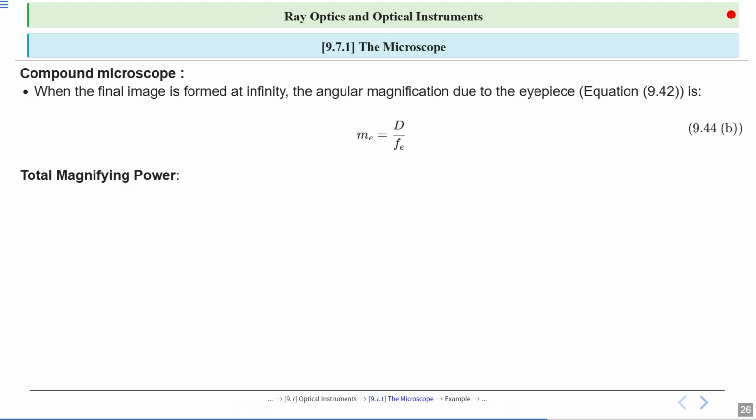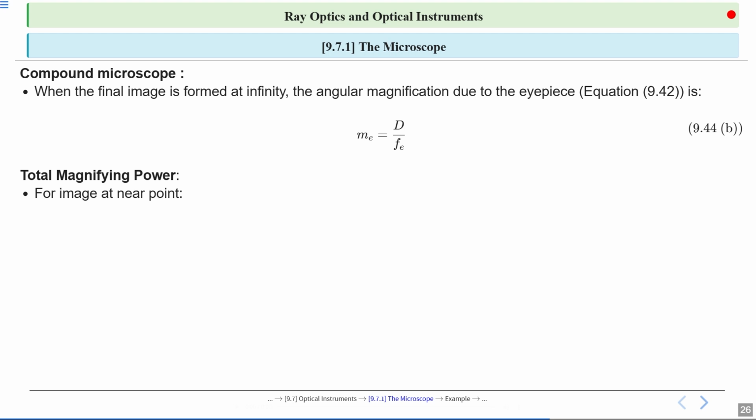Now let's talk about the total magnifying power of the microscope. This is the combination of magnification provided by both the objective lens and the eyepiece. Understanding this will help us appreciate how microscopes can magnify objects to such great extent.